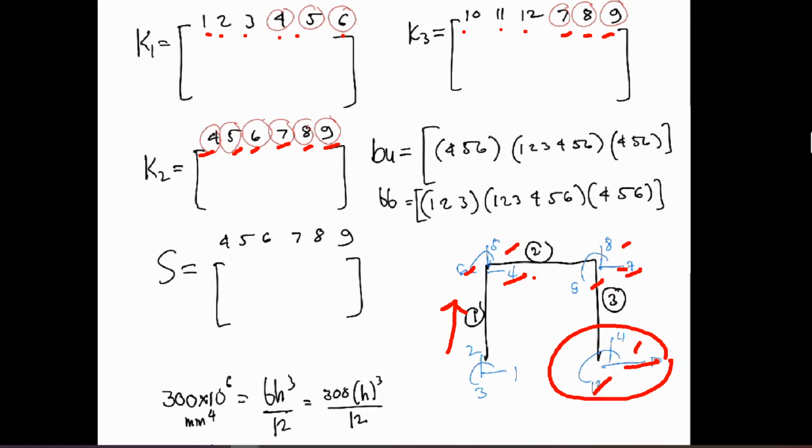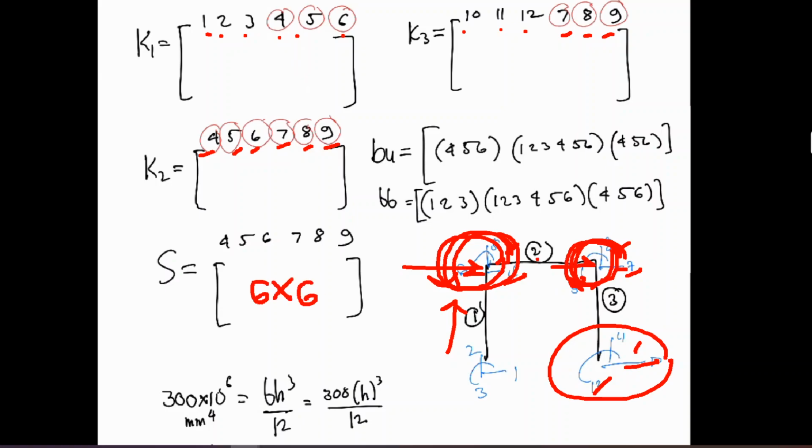Now, since this is a sway frame, we expect there will be a rotation here and a sway. So actually, all the degrees of freedom, these three displacements, will be activated. So that makes it a general problem. Therefore, our unknown is 6, so our S is 6 by 6.